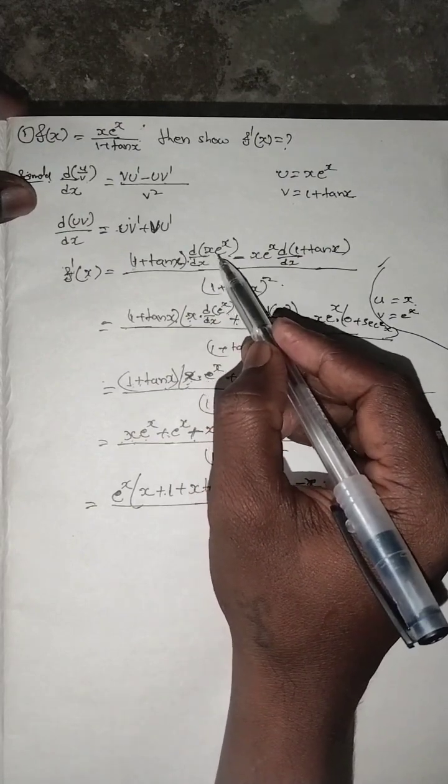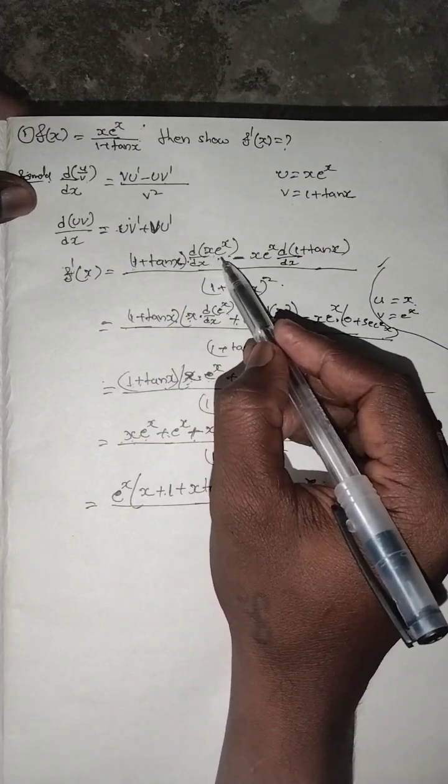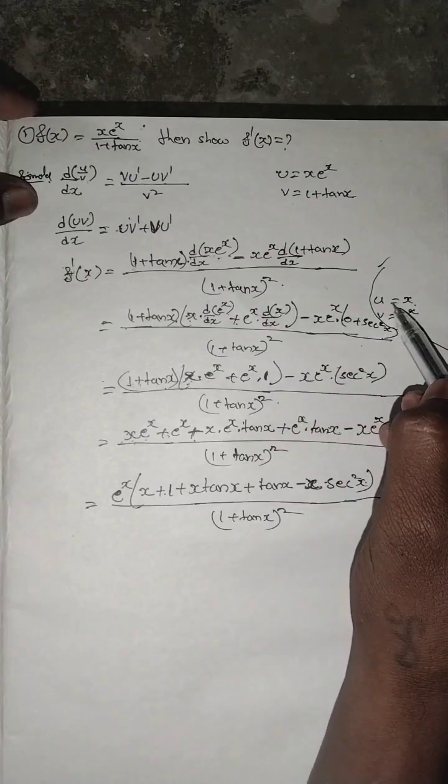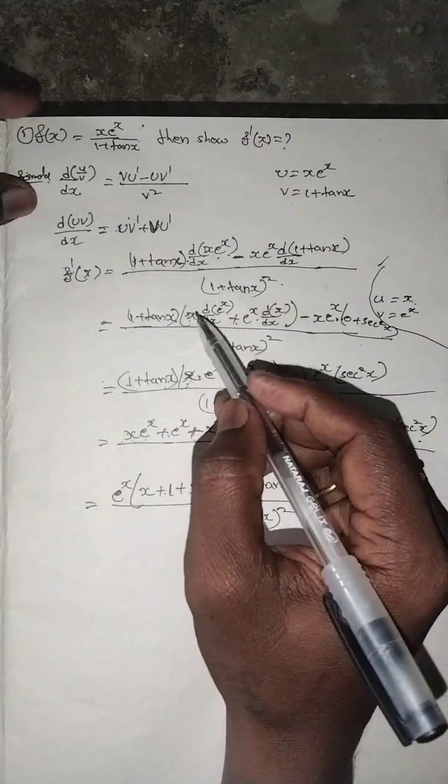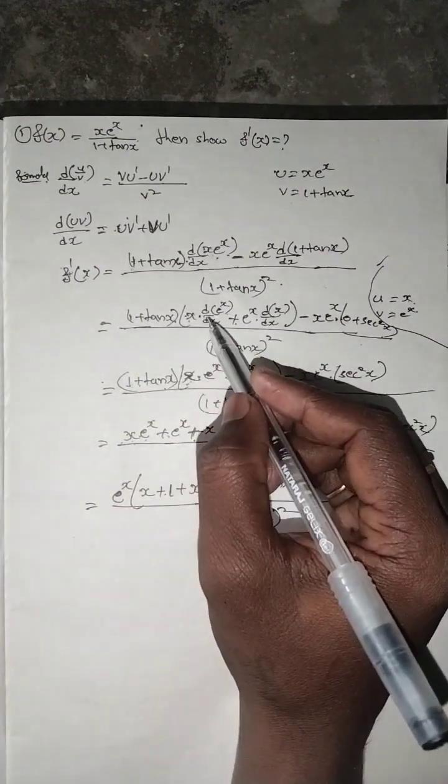This form is looking like uv, so we are assuming u equal to x and v equal to e power x. Then we are using a bracket.